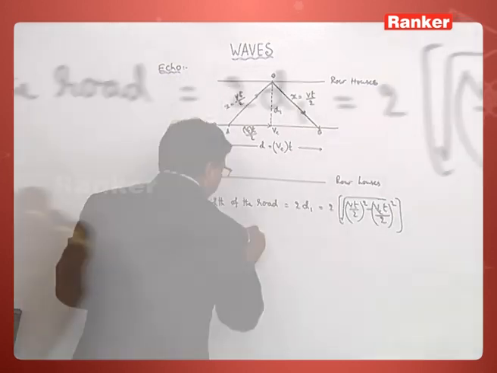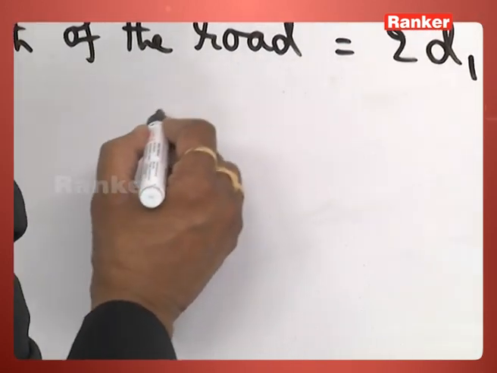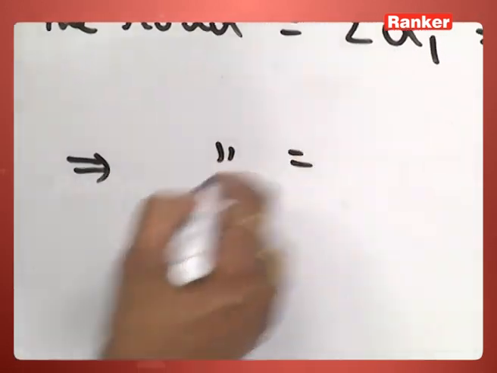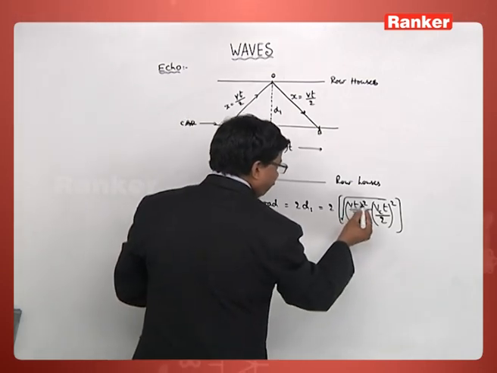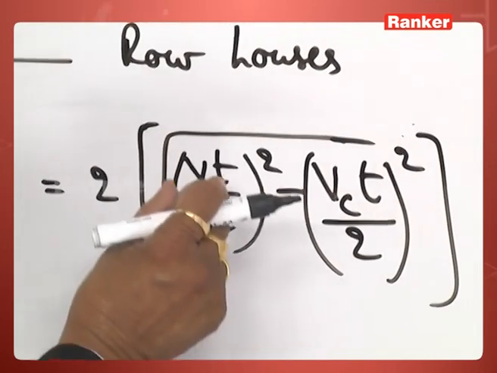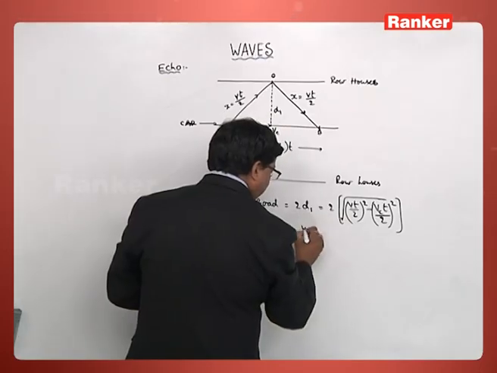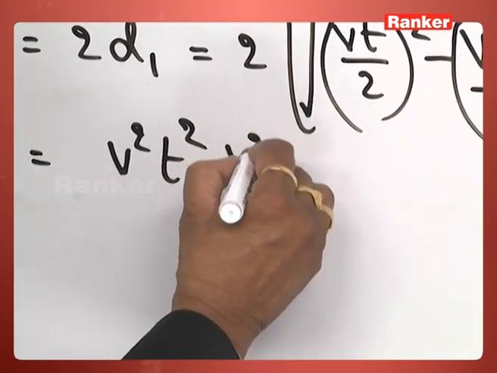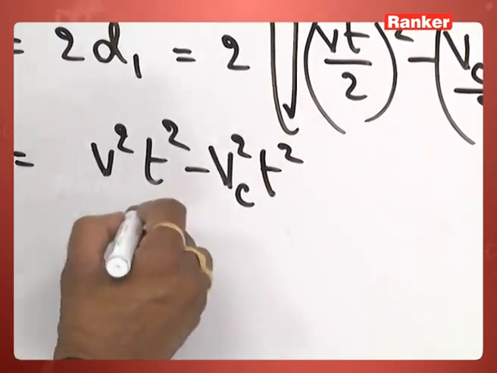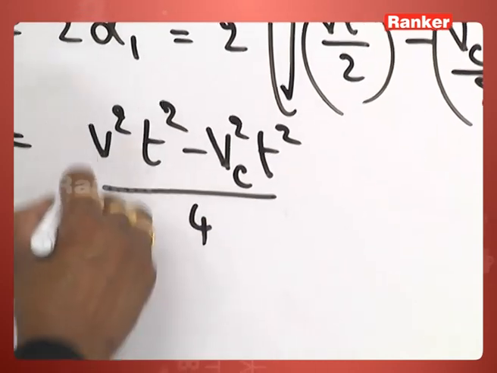In reality, this road distance, the width of the road, is equivalent to V square T square by 4 minus Vc square T square by 4, whole under root.